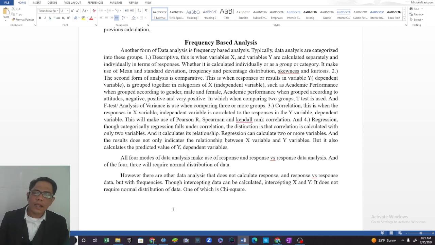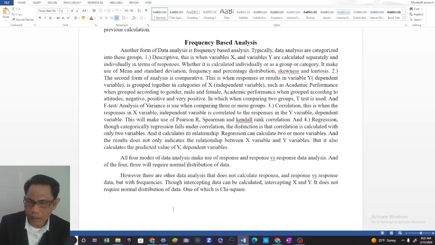However, there are data analysis that does not calculate response versus response data, but frequencies. Though intercepting x and y can be calculated, it does not require normal distribution of data, one of which is chi-square. So when we talk about data analysis, we have response versus response, and we also have frequencies.